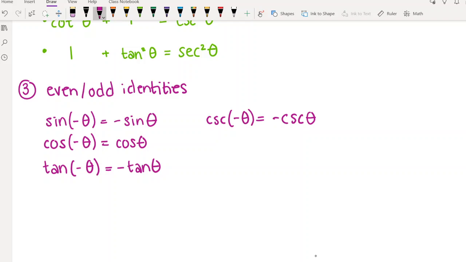You're still going to have a negative sign if it's 1 over sine. Same thing, the reciprocal of cosine is secant, and so secant is also an even function. And then the last one, cotangent, is also going to be an odd function, just like tangent. Or sorry, I forgot the negative sign.